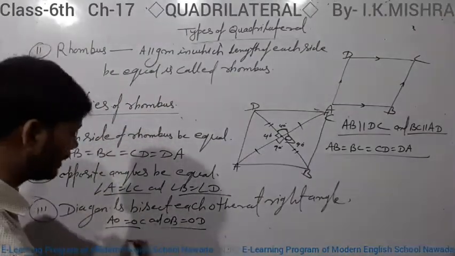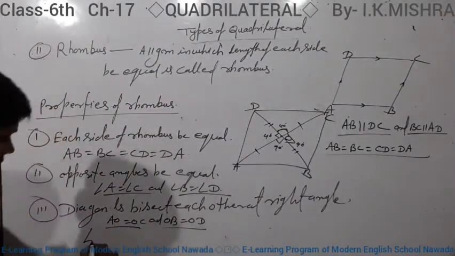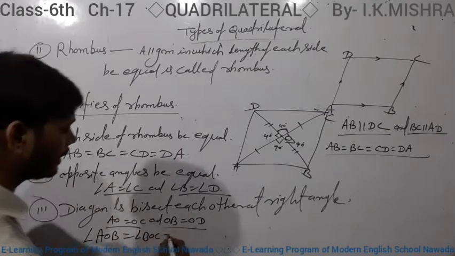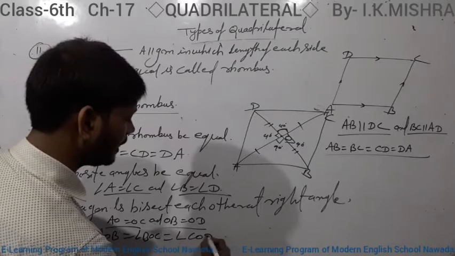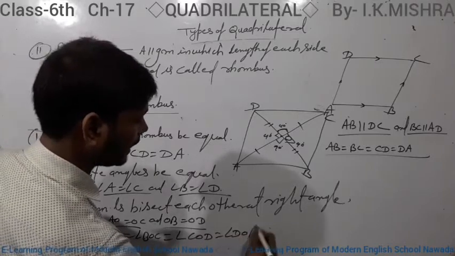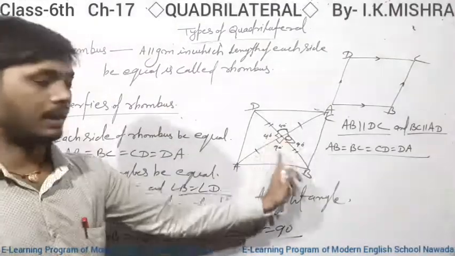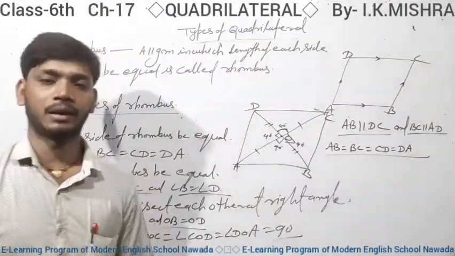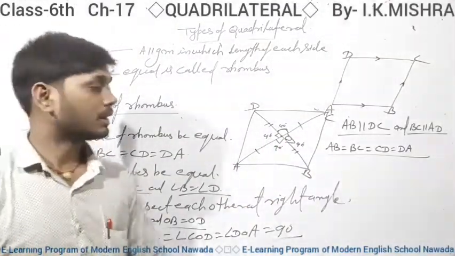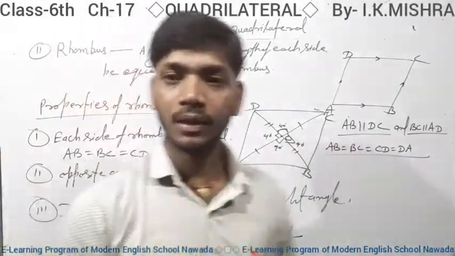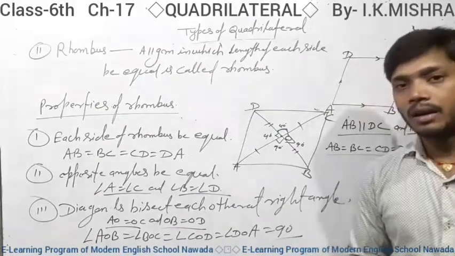And now angle AOB is equal to angle BOC is equal to angle COD is equal to angle DOA is equal to 90 degree. All of these angles measurement is 90 degree. Clear students? These are the properties of rhombus. I think you understand. Now proceed.